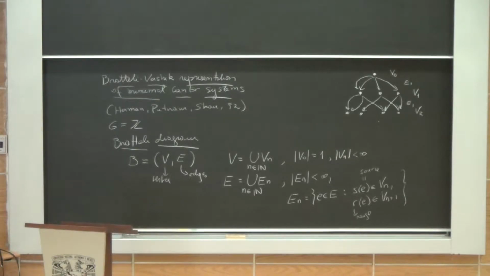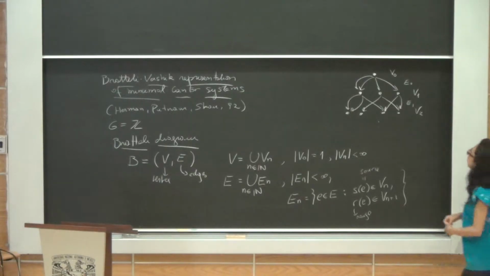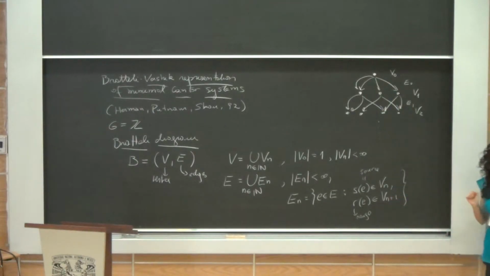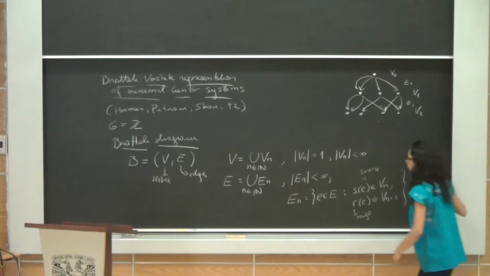And when you have a graph like this, you can define matrices, the incidence matrices. For every level, for example between V0 and V1, we can define a matrix.